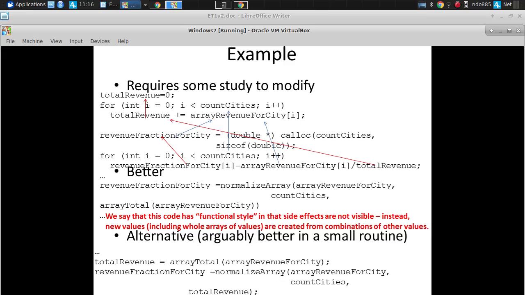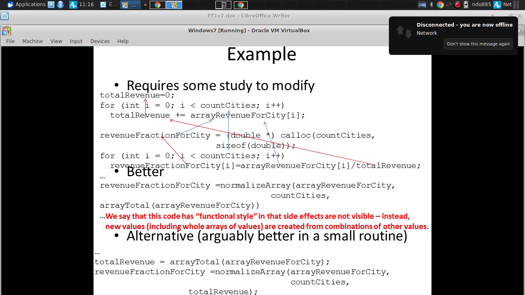We simply divide it by the count of city here, and actually, excuse me, I'm reading this off. So we're normalizing this array by the count of cities, and then this array total here, okay, right, this is just the last argument of that. So this is the normalization, this is the count of cities, this is the array that we're normalizing, and this is the total of the revenue across all cities.